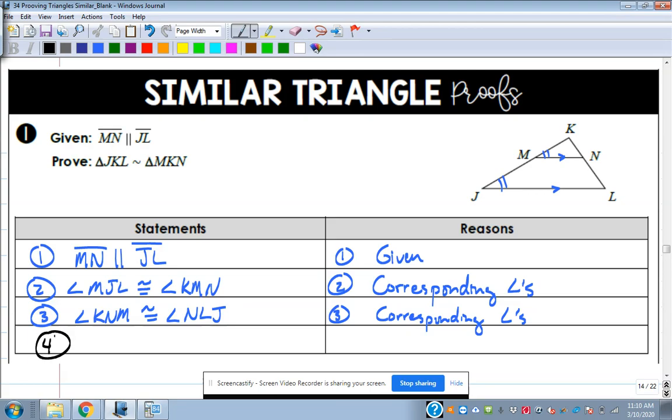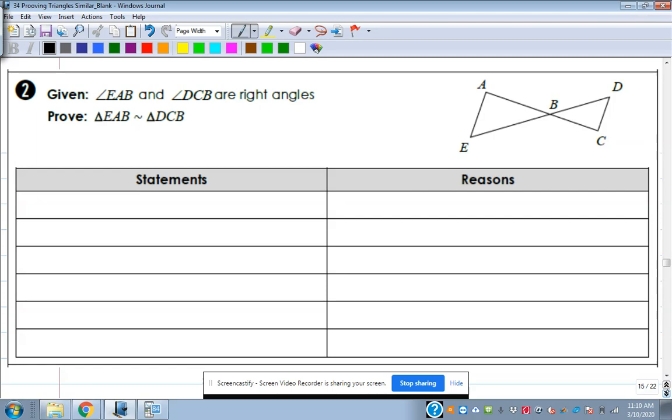So punchline, triangle JKL is similar to triangle MKN by angle similarity. And instead of writing out the word similarity, just use the little squiggle mark. Save you a little bit of time. Okay. Easy enough.